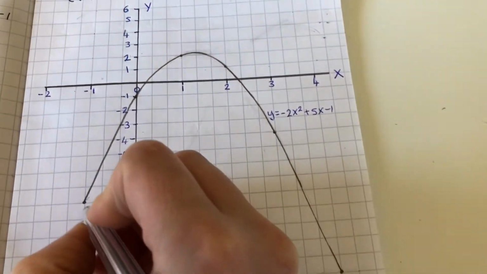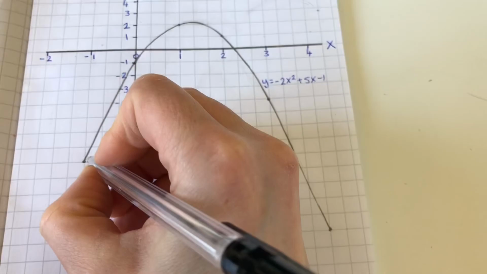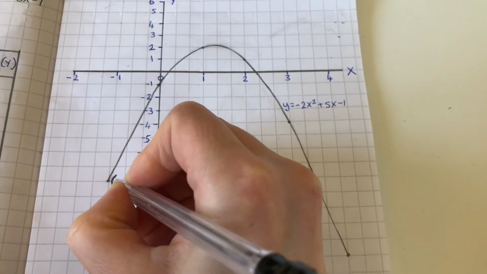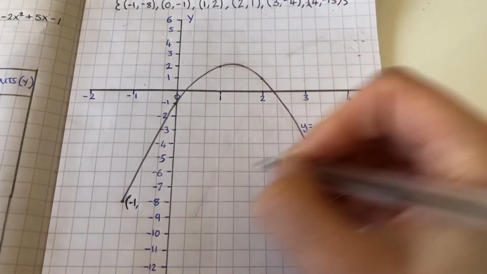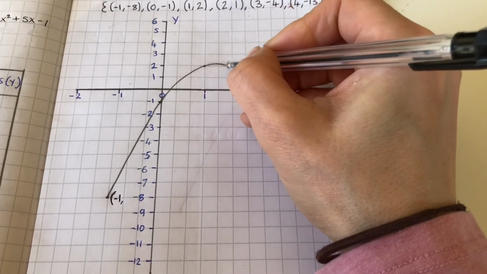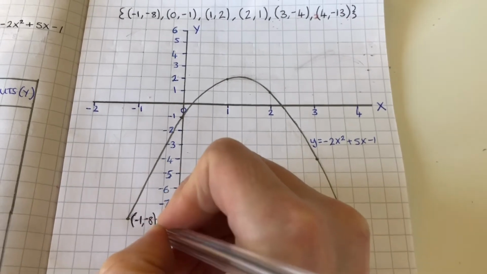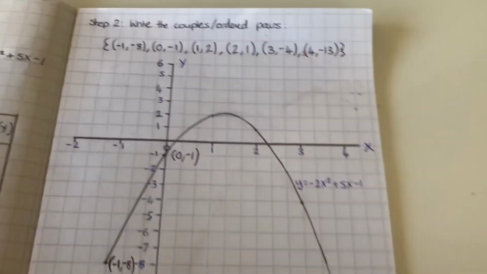The last thing I'm going to do now that I've finished drawing my line is label my points, which I couldn't do before because I didn't want to block the view of my curve. I was worried that if I'd written my point here, I wouldn't have been able to see where to put my pencil. So I've left writing the points out till the very end, and that's absolutely fine.